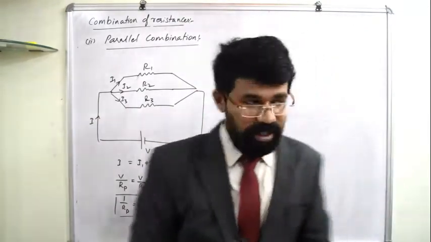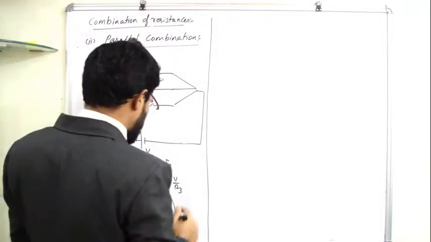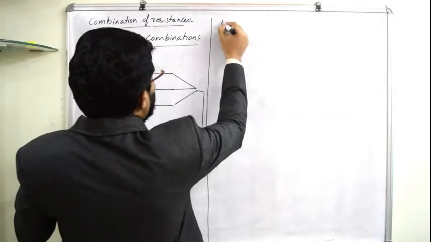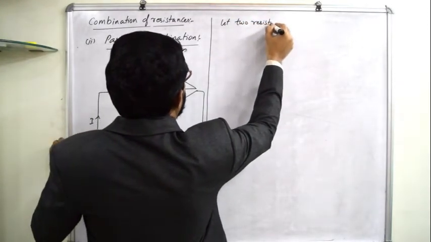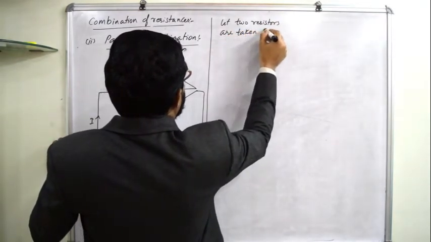I'll consider that only two resistors were taken in the circuit, so that we'll be able to have a simpler equation. So let two resistors be taken in the circuit.